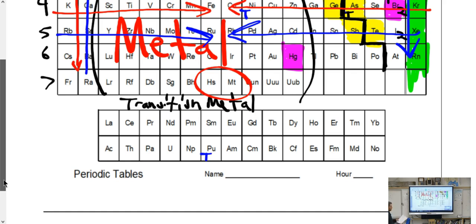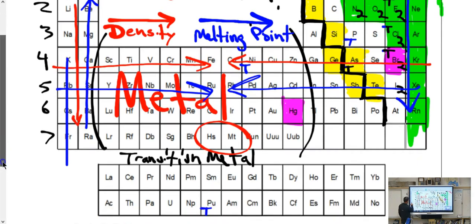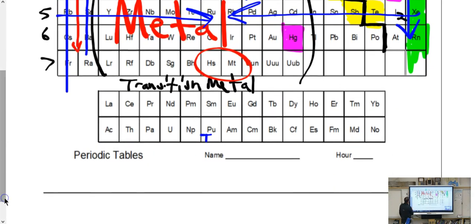And the style that you write, I don't really care. But this first family up here, oh boy, that's not good. What happened? Okay, that's hideous. Right there. Those are called the alkali metals. A-L-K-A-L-I metals.